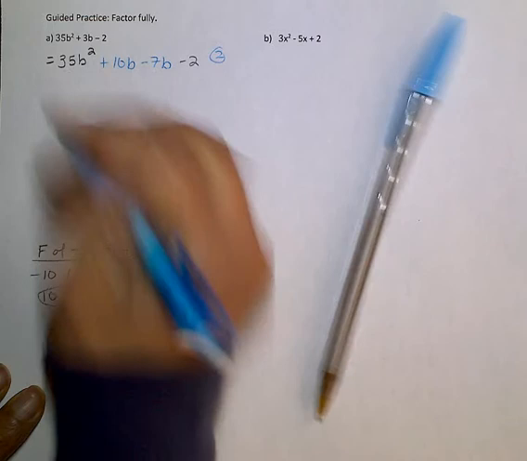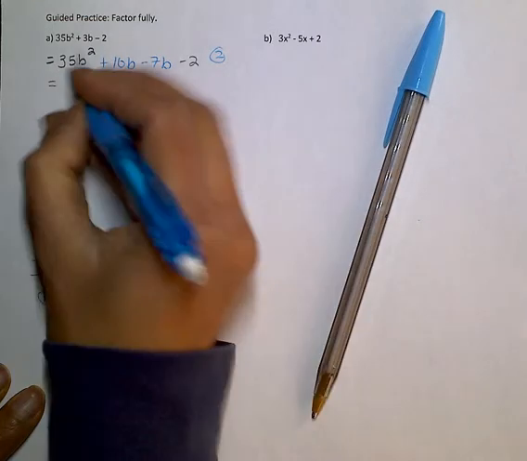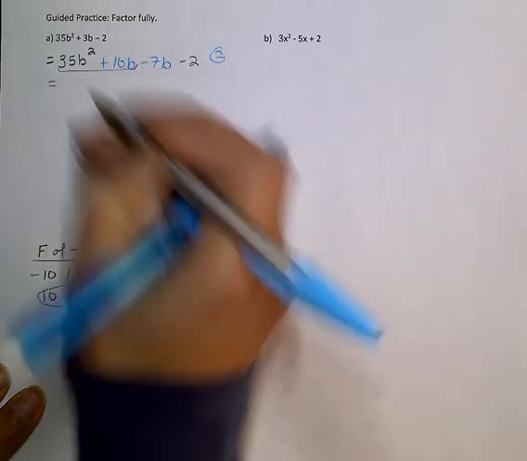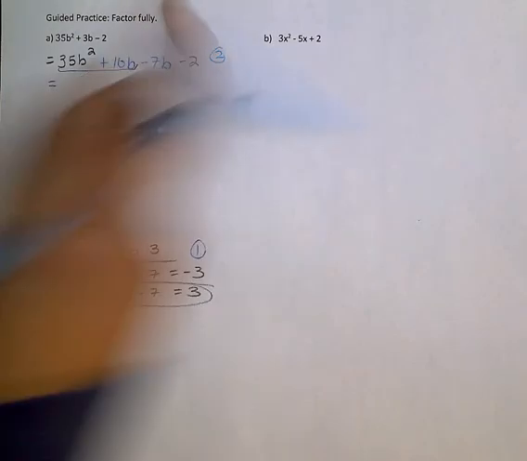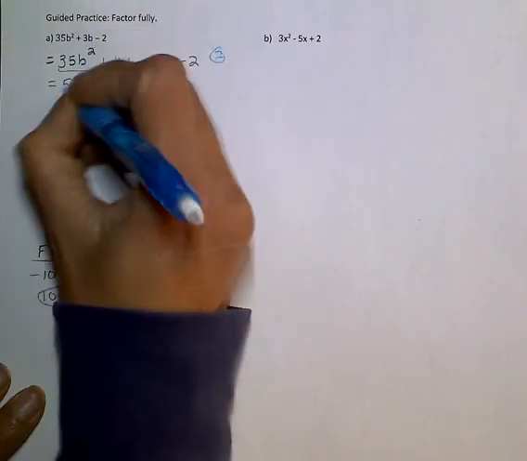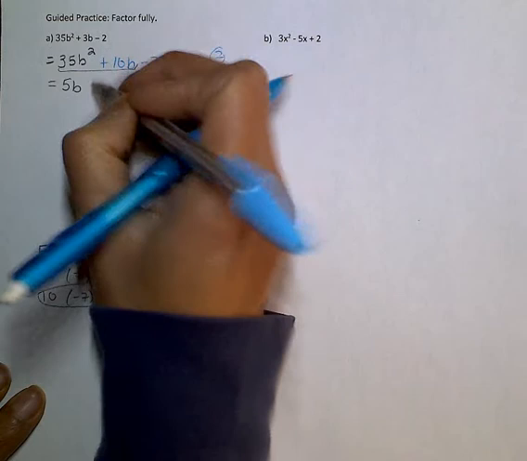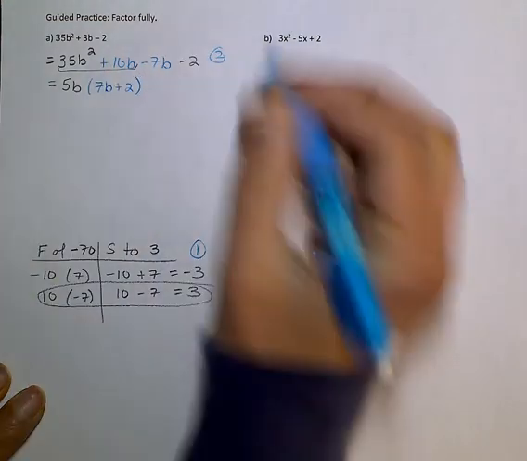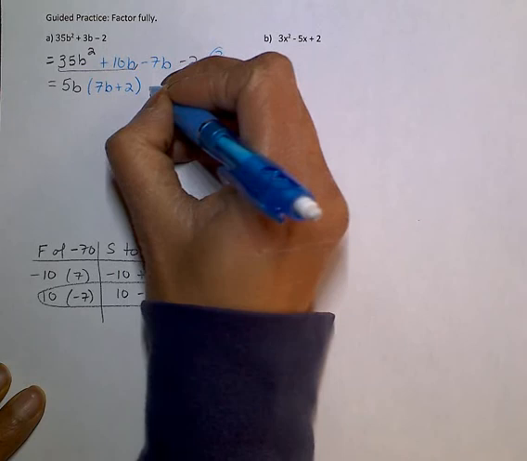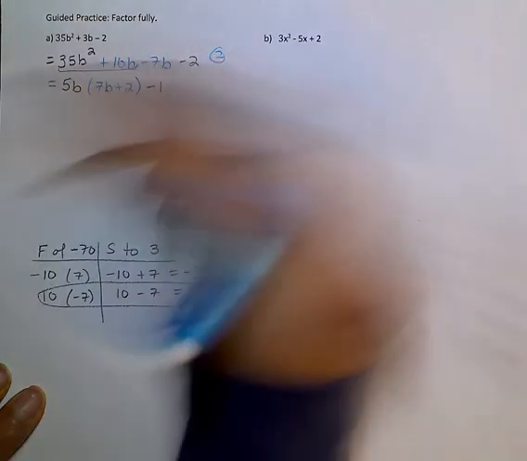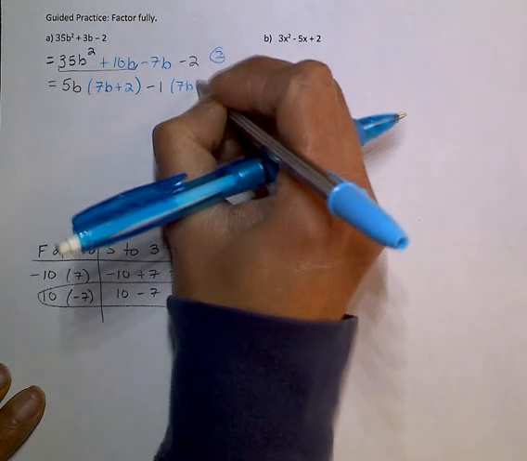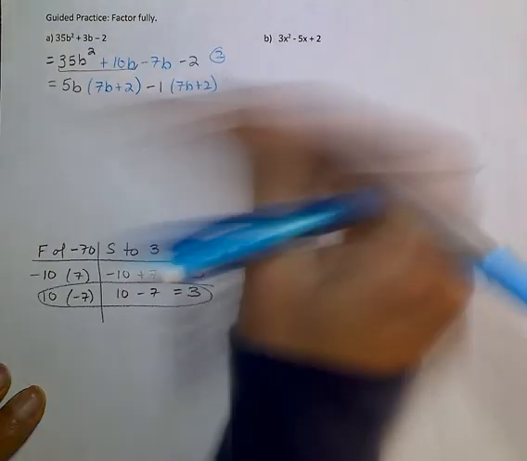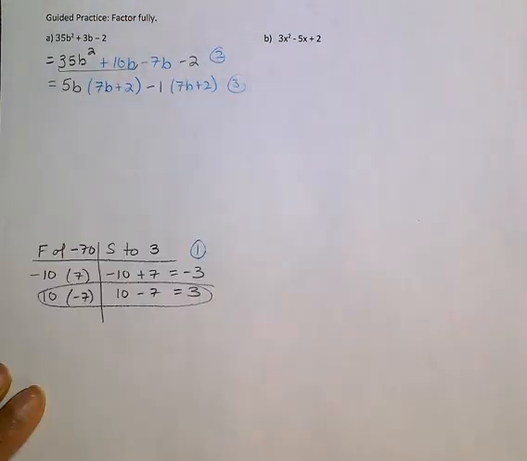There's our step 2. I'm on my common factoring twice step. So from those two terms, the greatest common factor is 5b, which leaves us with a 7b plus 2 after we factor it out. Then I'm going to factor out a negative 1 to have the same 7b plus 2. That's step 3.